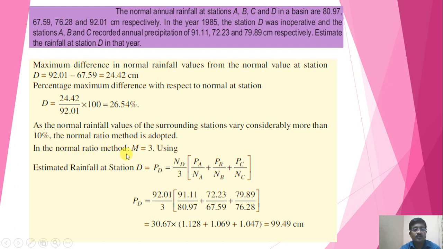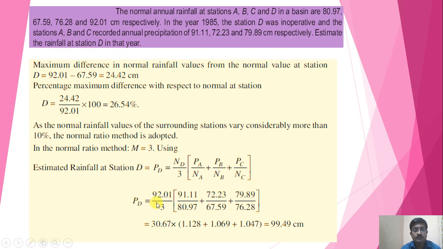In the normal ratio method, M is equal to 3. Using it, the estimated rainfall at station D, PD, is equal to ND divided by 3, in bracket, PA divided by NA plus PB divided by NB plus PC divided by NC, bracket complete.